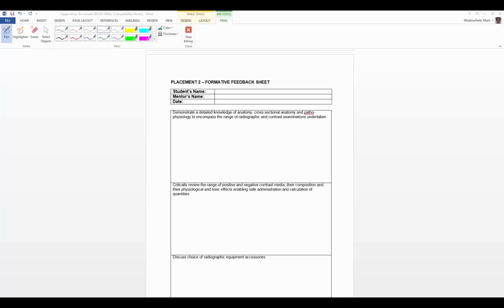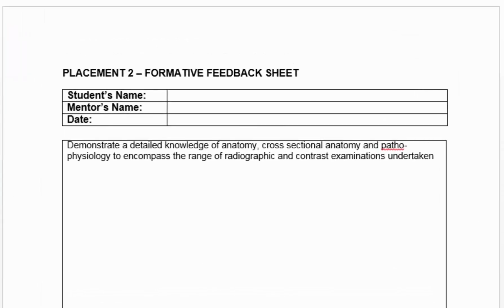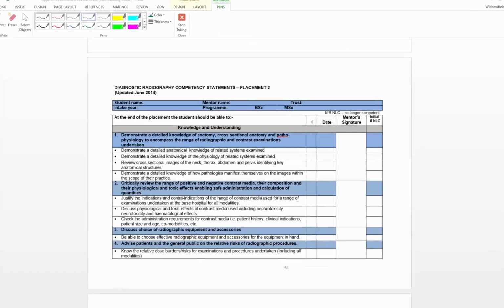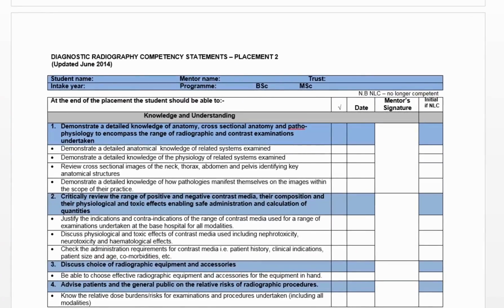So if we start off with feedback and signposting then, here is the first learning outcome for the module: demonstrate a detailed knowledge of anatomy, cross-sectional anatomy, pathology, to encompass all of the different examinations that the student will be undertaking in this particular clinical placement. Now, if you look back to the competencies, remember that I always advocate having the competency statements with you whenever you undertake a bipartite.